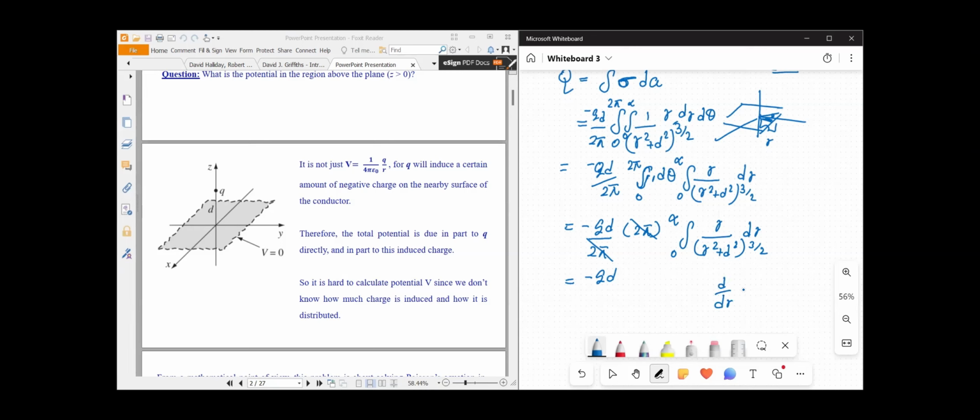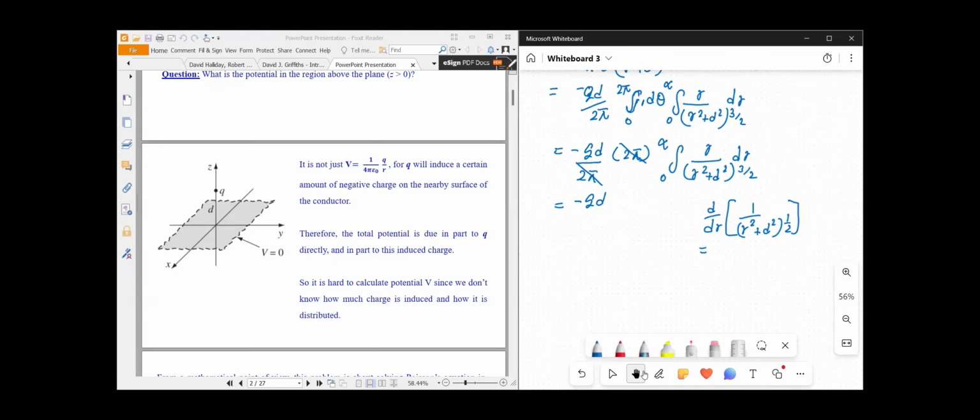If I differentiate 1 over r squared plus b squared to the power half, we get minus half times 1 over r squared plus b squared to the power 3 over 2, then times 2r, which is equal to minus r over r squared plus b squared to the power 3 over 2.